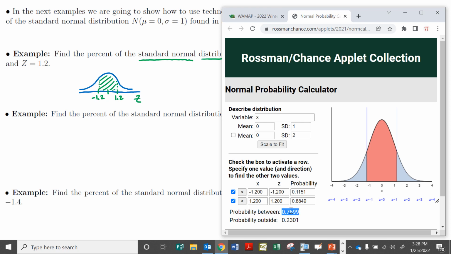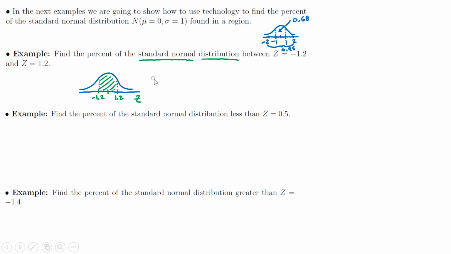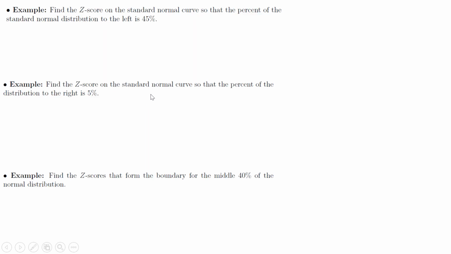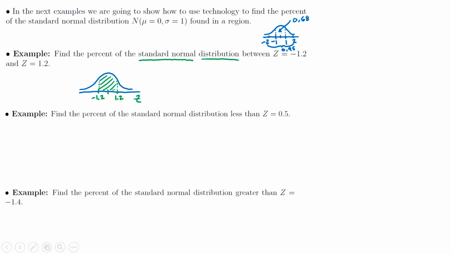But it's the probability between that we want to have here. So 0.7699, which is of course 76.99%.